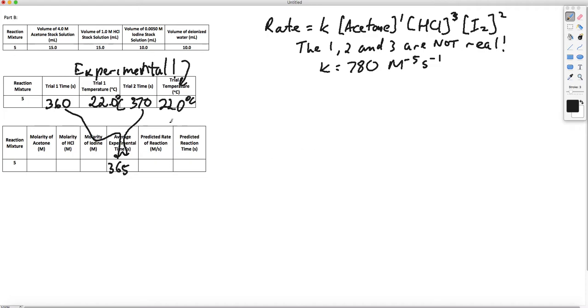The next thing I want to do is figure out this predicted reaction rate. Now, to get that, I do need to find these molarities. The first thing I'll do is figure out the molarity of the acetone.